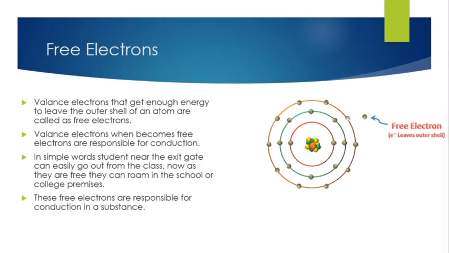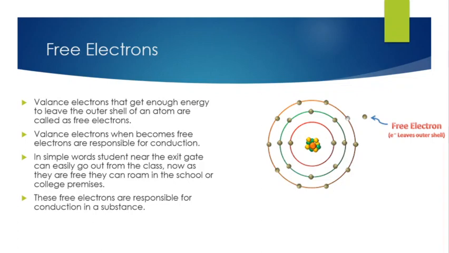These free electrons are responsible for conduction in substance. So, to understand these terms, again take the image of atomic structure. You can see there are some electrons in the outermost shell of an atom. So when extra energy is applied to the atom, some electrons are attracted to the nucleus of another atom.